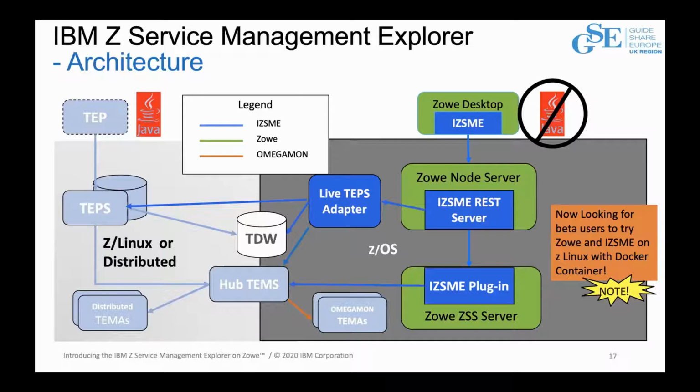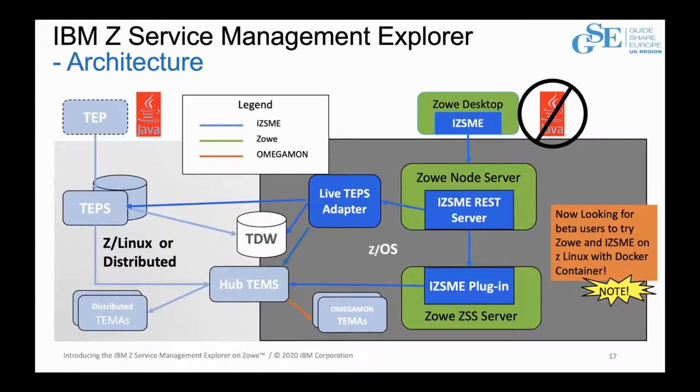It also connects to the hub, so you can get the data from the agents, and also get the SDA, the self-describing agent information. So when you have new agents coming online, or maintenance is applied, the IBM Z SME will be updated with the latest updates that come with these fix packs or PTFs.